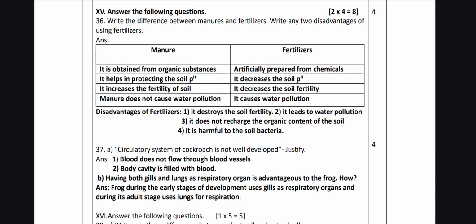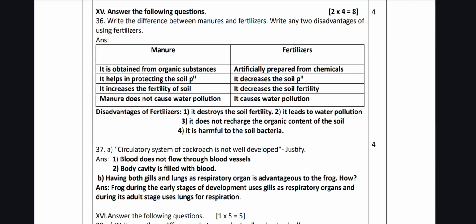But with the use of fertilizers, see the first point itself, artificially prepared from chemicals. Once these chemicals are used in the soil, suppose there is a flood or heavy rainfall, they mix up with the water and flow through the streams and reach the nearby ponds or lakes.